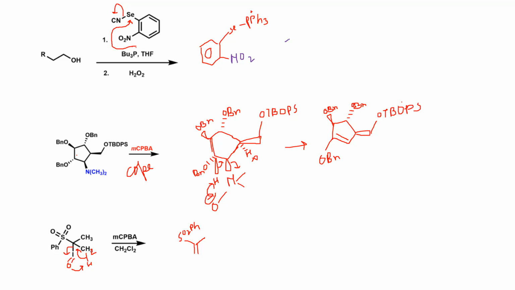This alcohol will attack this phosphorus because oxygen-phosphorus bonds are the strongest bonds. Selenium minus will be generated.